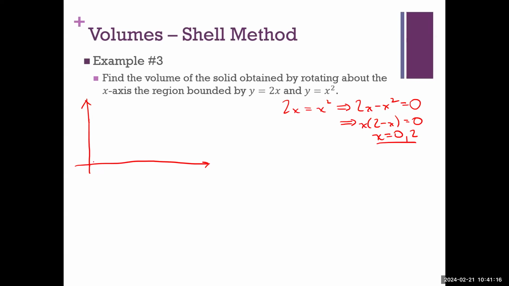So I know they're going to cross at the origin. I know they're going to cross out here somewhere. Okay. So I think my region's in here. I want to rotate it around the x-axis.